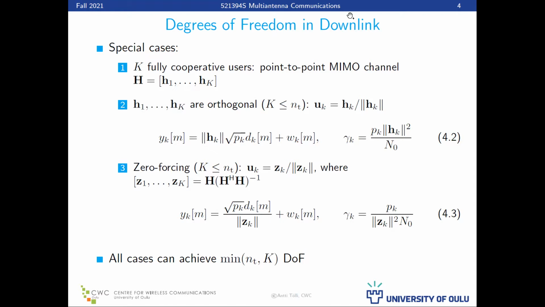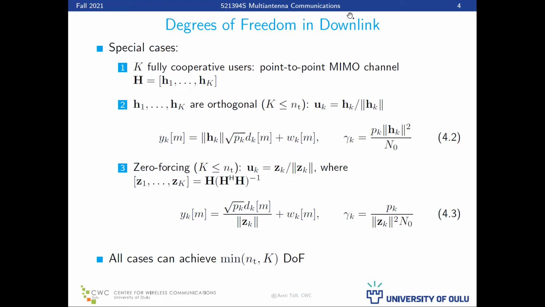So all these special cases are a bit less restrictive because the first case can also directly handle a larger case, larger than M_T. But for these two other cases, at least we have to choose a subset of users which is smaller than or equal to the number of transmitters.